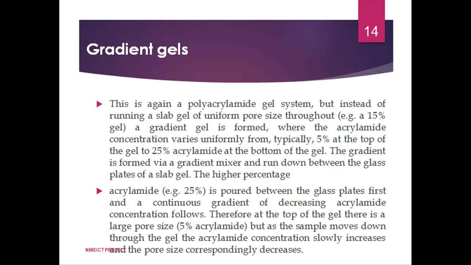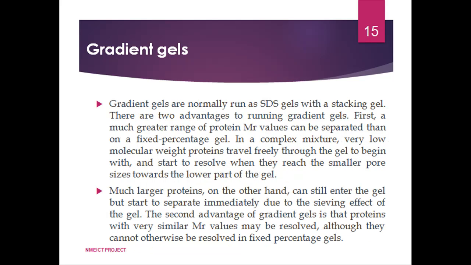Therefore, at the top of the gel there is a large pore size, but as the sample moves down through the gel, the acrylamide concentration slowly increases and the pore size correspondingly decreases. Gradient gels are normally run as SDS PAGE with a stacking gel. There are two advantages to running a gradient gel. First, a much greater range of protein molecular weight values can be separated than on a fixed percent gel.